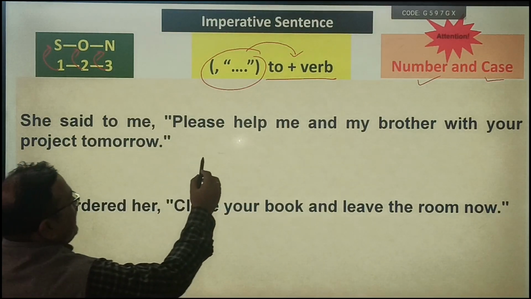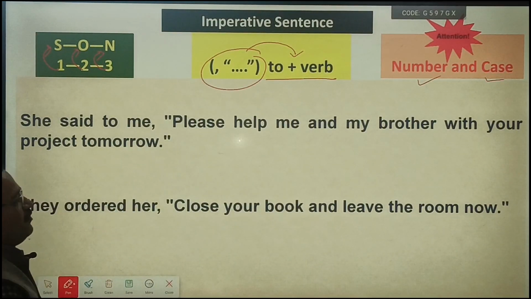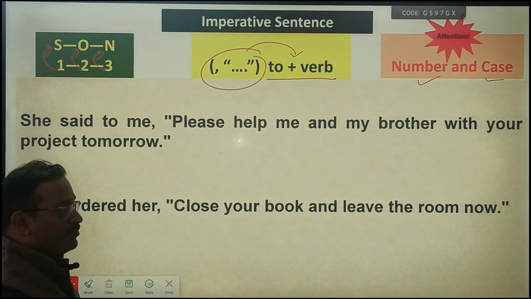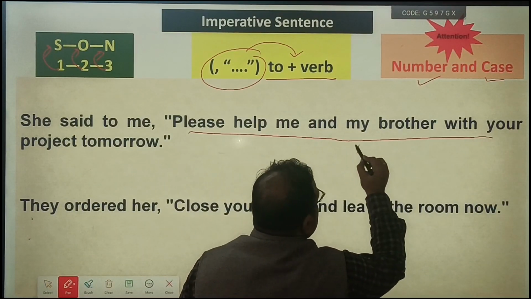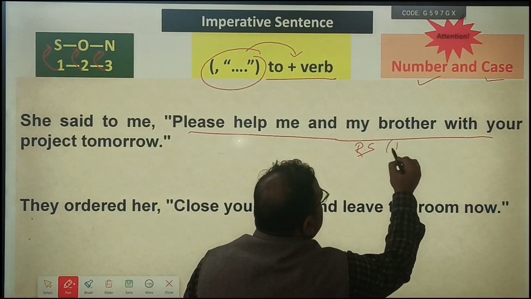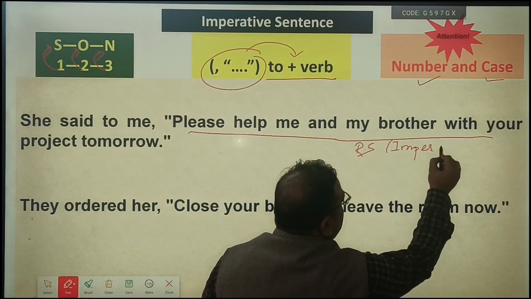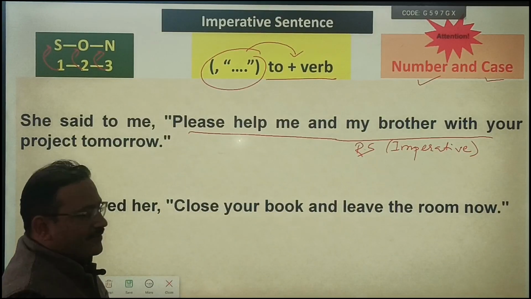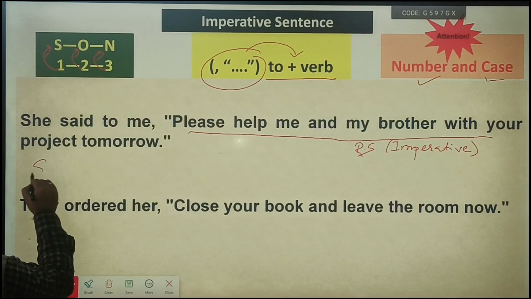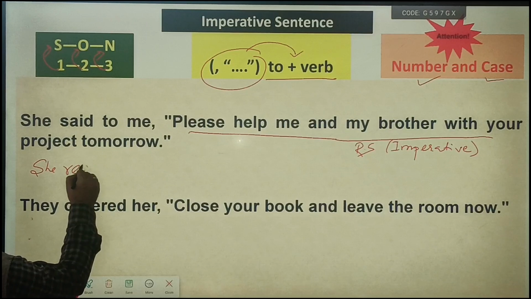She said to me, please help me and my brother with your project tomorrow. So what type of sentence is it? This is reported speech. What type of sentence? Imperative sentence. Why? Because you have request here. So she said to me, can we write she requested?